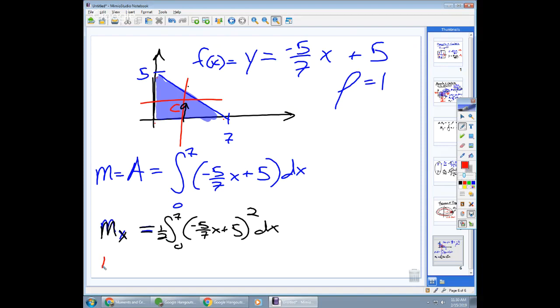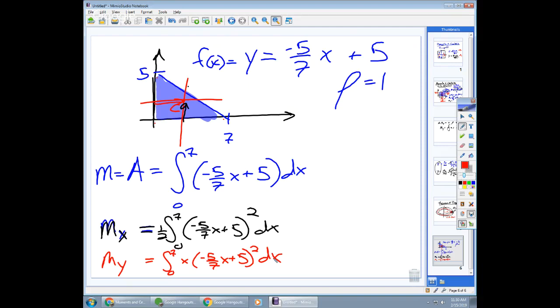And then I need the moment about the y-axis. If I'm going about the y-axis, the distance away from the y-axis is an x value. So that one gave me the integral from 0 to 7 of x times my function. So we need antiderivatives for each of these.